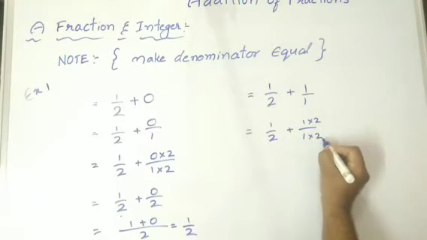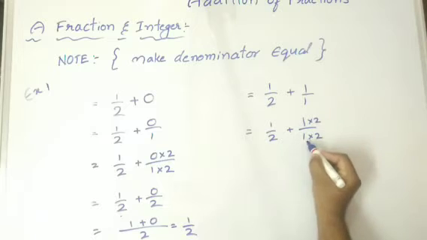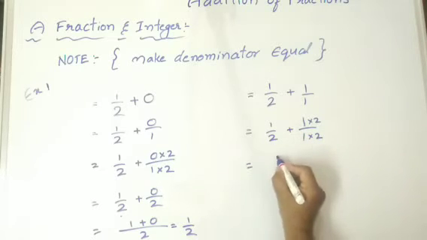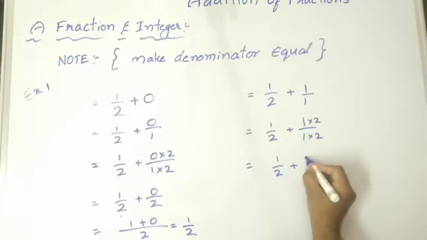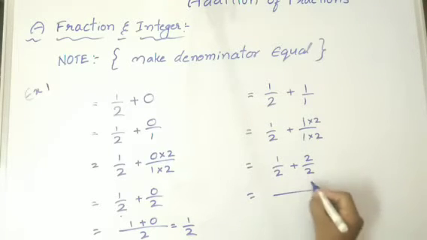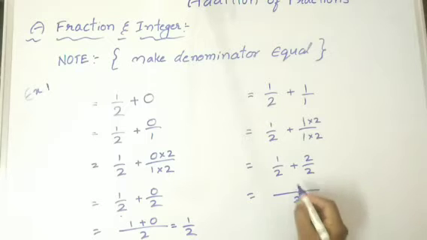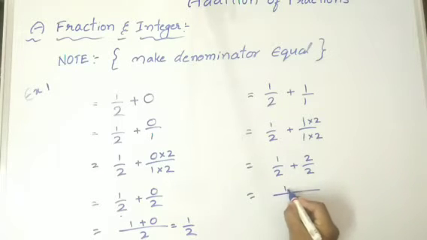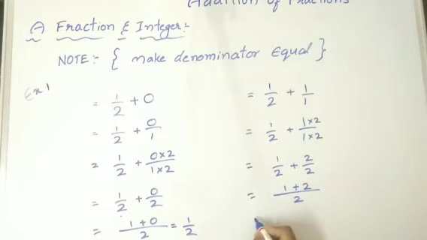So now it becomes 1 by 2 plus 2 by 2. Now the denominators are equal, so we can write the same denominator and only add the numerators. 1 plus 2 is 3, so 3 by 2. This is one way, and an easy way.